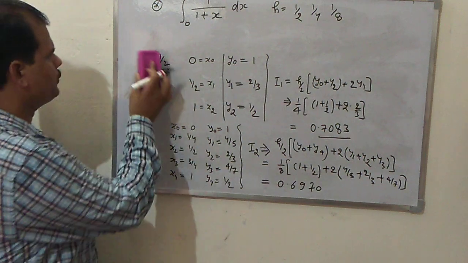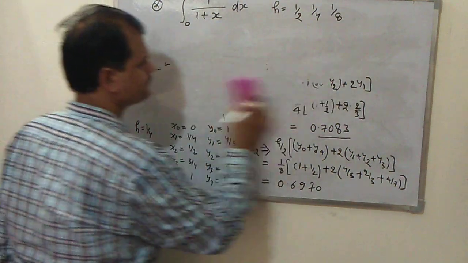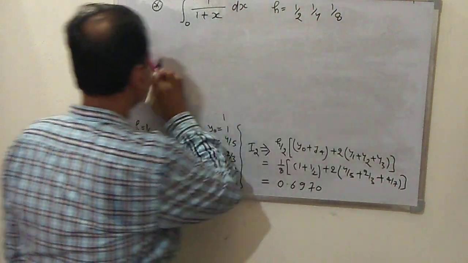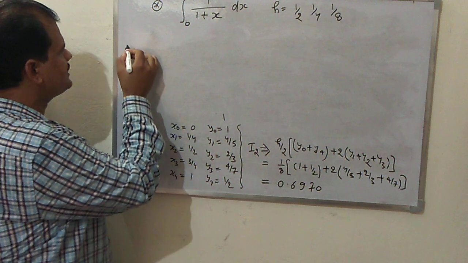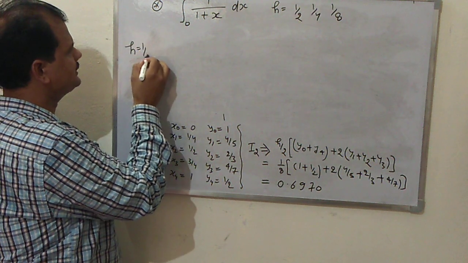Now let us try to find I3. In I3 we will have more data points. So your h equal to 1 by 8.